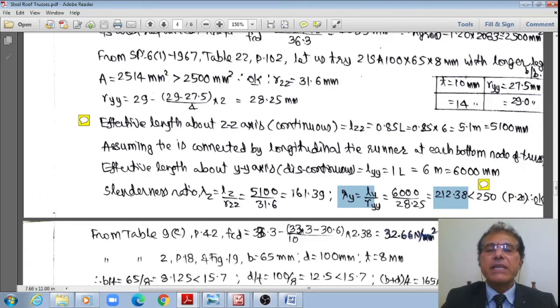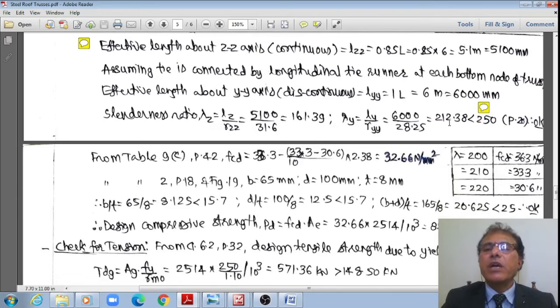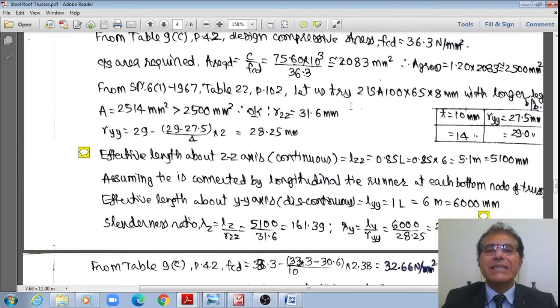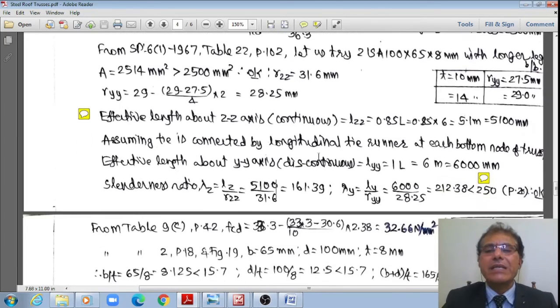Compared to the major axis, it is more. Still, this 212.38 is much less than 250 as per Table 3 of IS 800 2007, just as we have seen in the previous problem. Therefore, it is okay. If it is not okay, there is no other option but to increase the section from ISA 100 by 65 by 8 to maybe 10 or a higher section as appropriate.